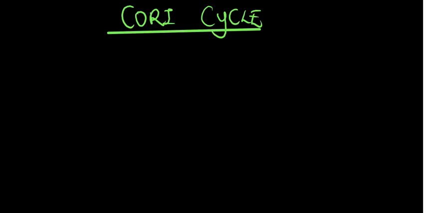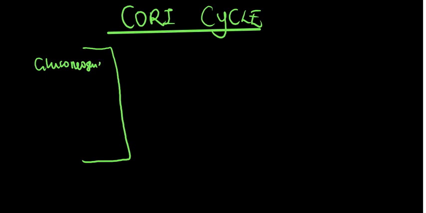The next thing that we're going to talk about briefly is just the Cori cycle. The Cori cycle is like a subset of gluconeogenesis. So what happens in this Cori cycle is that where we have gluconeogenesis right here, we know that glucose is being produced from pyruvate, and pyruvate can come from lactate.